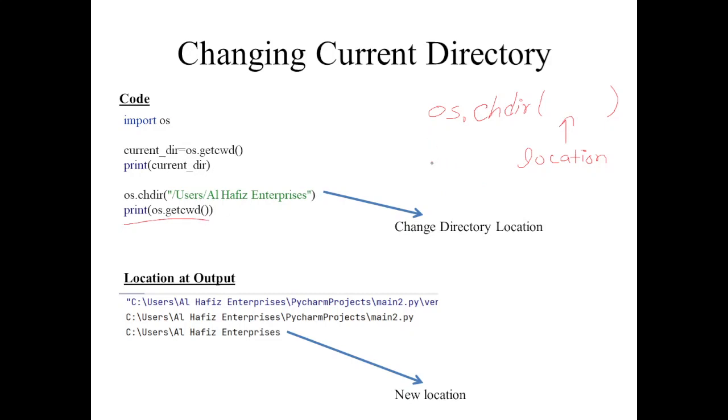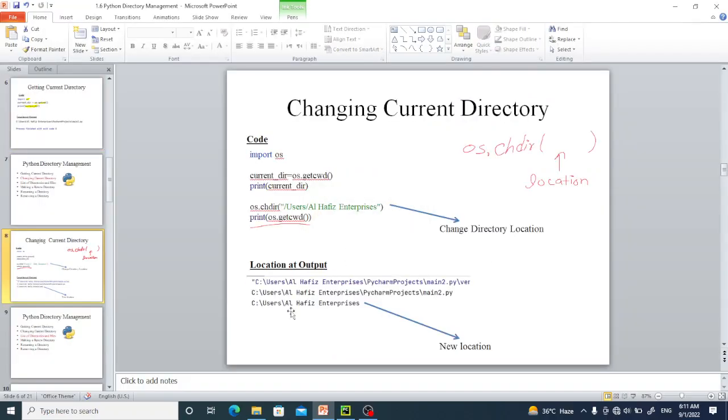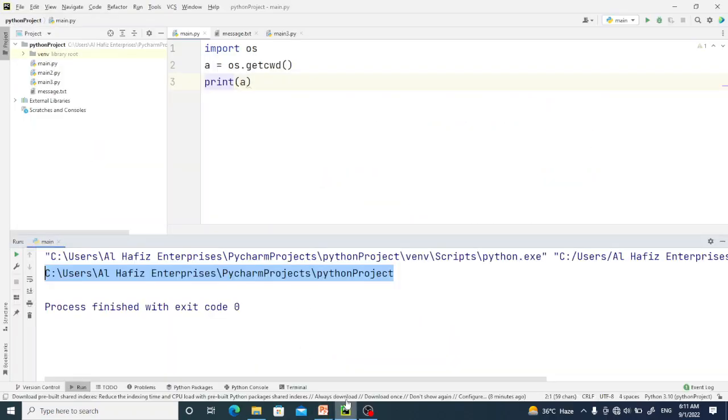So let me do this in my Python software, which is PyCharm. However, you can use any software; it is up to you. Next, I am going to change the directory.